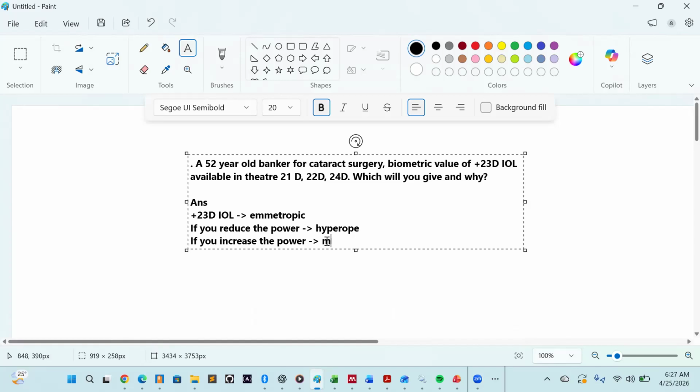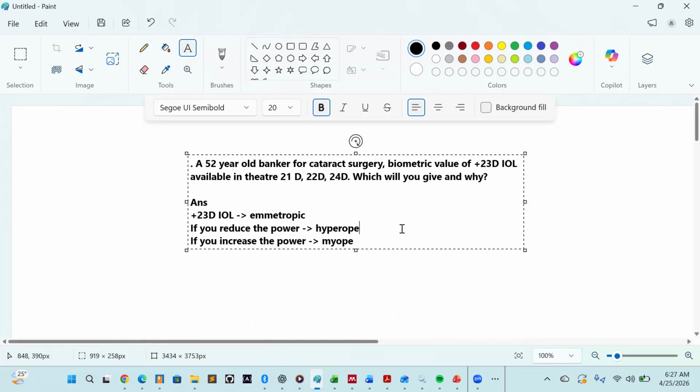So reducing the power means less than 23, from 22.9 downwards, like 22.5, 22, 21.5, 21, and so on. That's hyperope, because if you reduce the power, you have shifted everything from emmetropia to hyperopia.